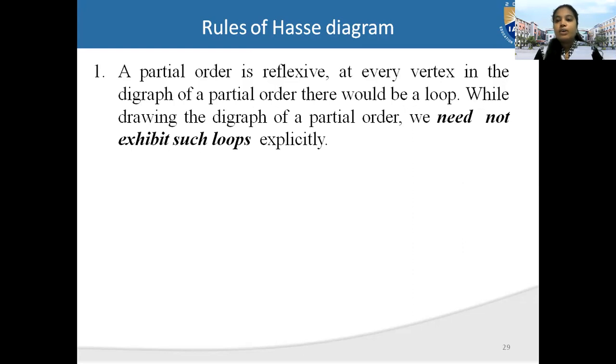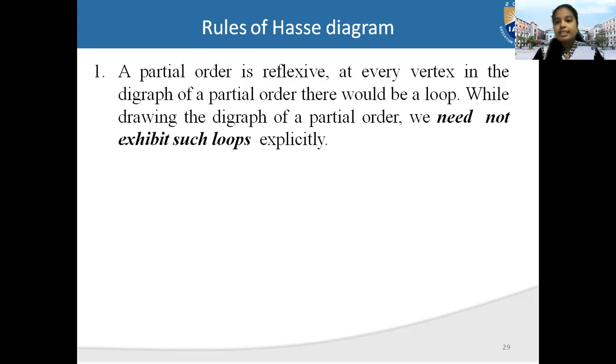To draw this element, you draw a self loop: 1 related to 1. While drawing the diagram of a partial order for a reflexive relation, there must be a loop. But in the Hasse diagram, we need not exhibit such loops explicitly.